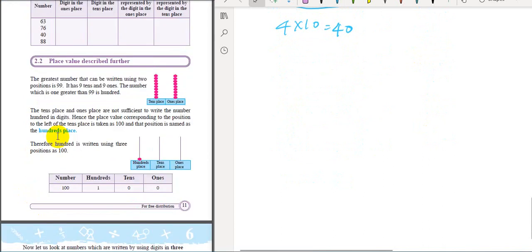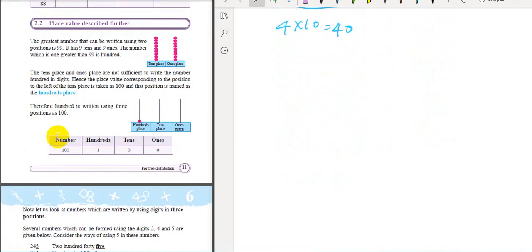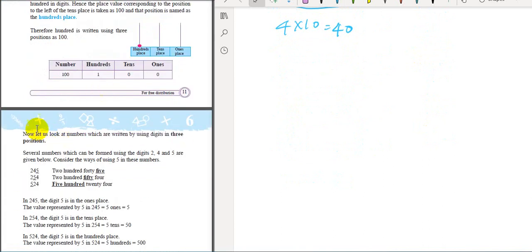Let's move on to describe place value further. This is what I taught earlier: ones, tens, hundreds. Okay, for hundreds, they have given 200. This is ones, tens and hundreds. Okay, what about the fourth position?